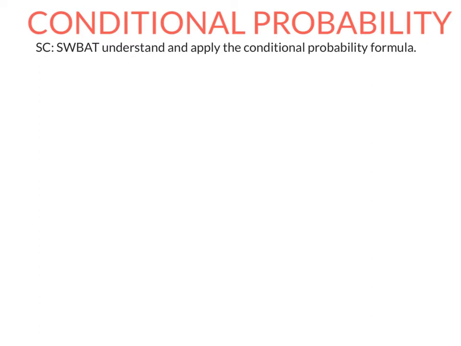For example, think of your favorite sports team and the probability they win. If the best player doesn't play for your team, that's a condition, and that would change the probability. It would make it less likely that your team would win. So that's what we're looking at here, the probability that an event happens given that something else has happened.